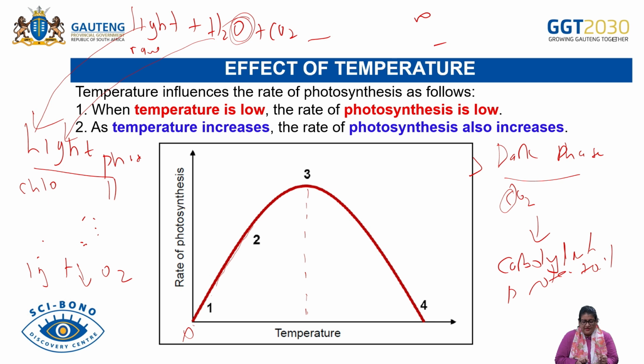You find the rate of photosynthesis after the optimum is going to drop. It's going to decrease. Learners, do you remember the reason why, what happens when plants or enzymes are exposed to very high temperatures? Think about it now.